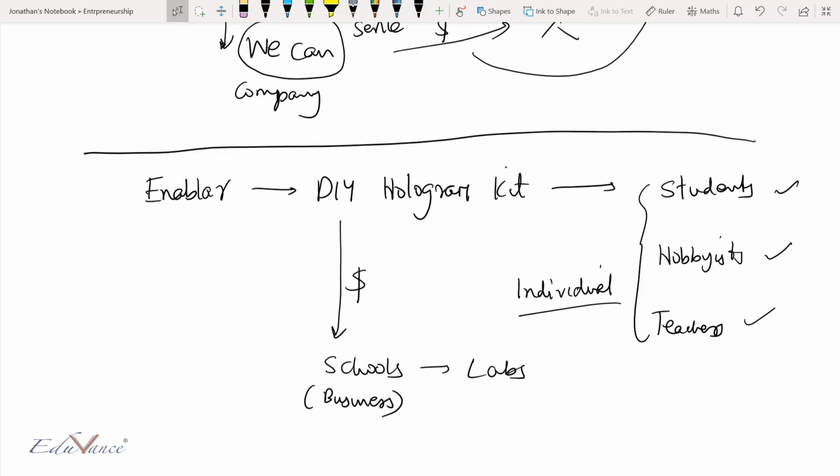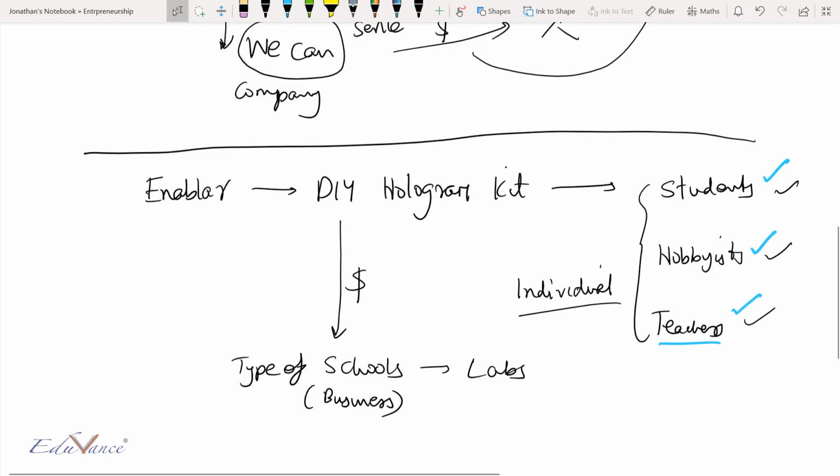And it's not only important to know whether it's schools or individuals, but also the type of schools that will buy their products. Also, it's important for Enabler as a company to understand the type of students, the type of hobbyists, and the type of teachers.